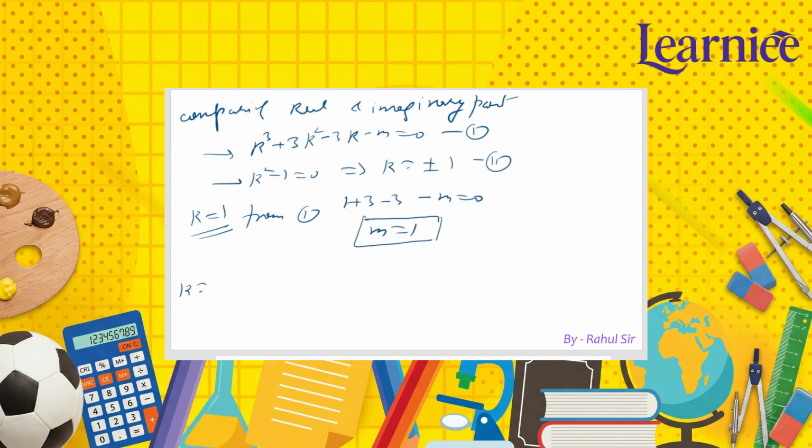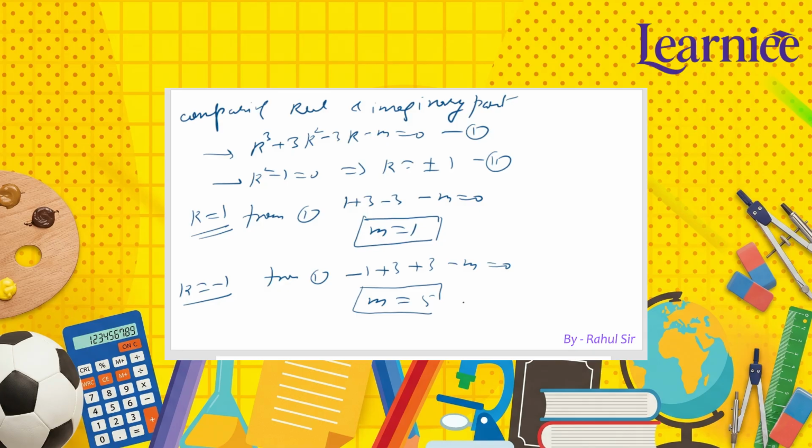Similarly, if k is equal to minus 1, then from the first we can say minus 1 plus 3 plus 3 minus m is equal to 0. So m is equal to 5. So this is when at least one real root exists, as they said at least one real root.